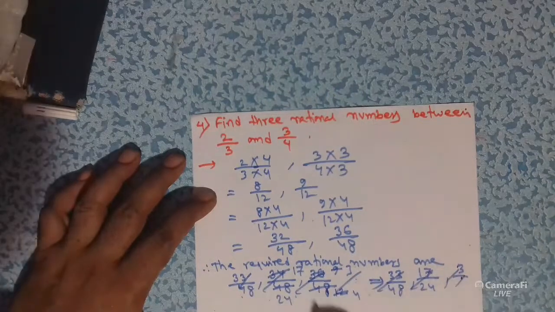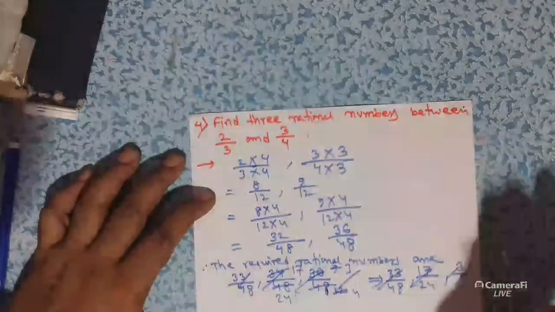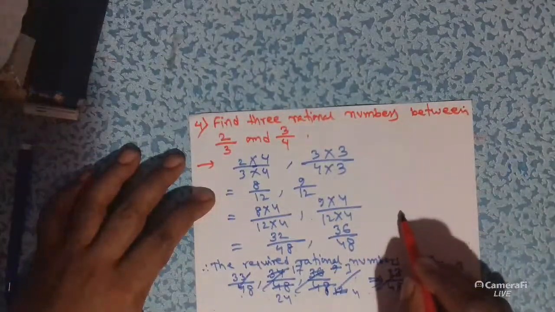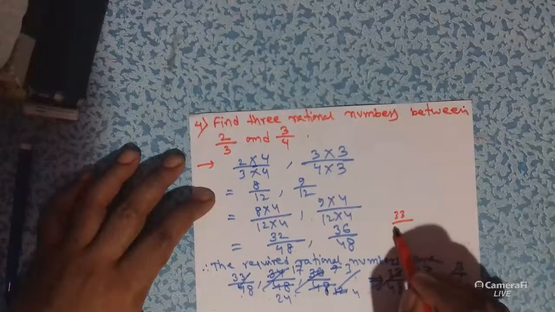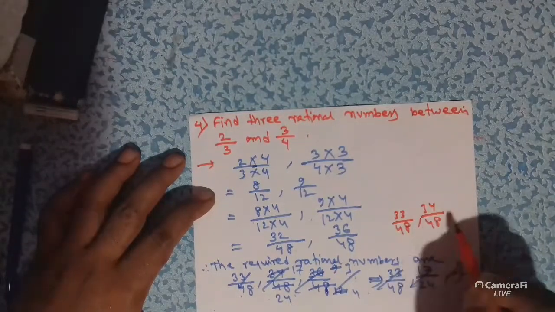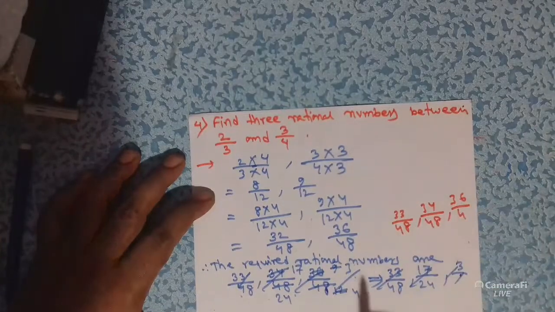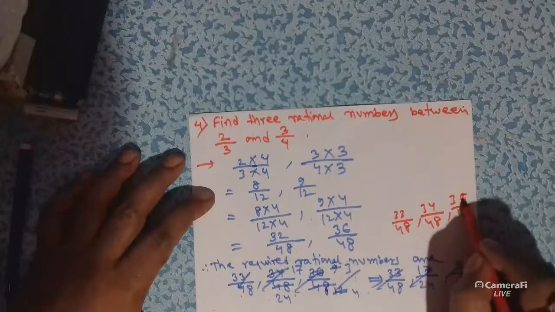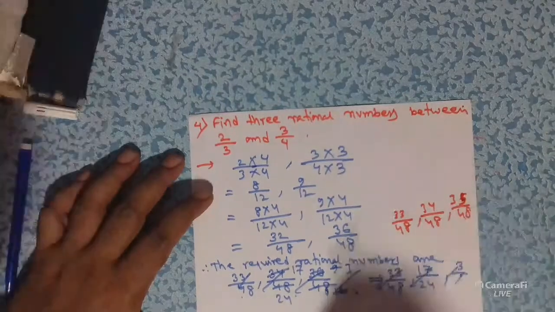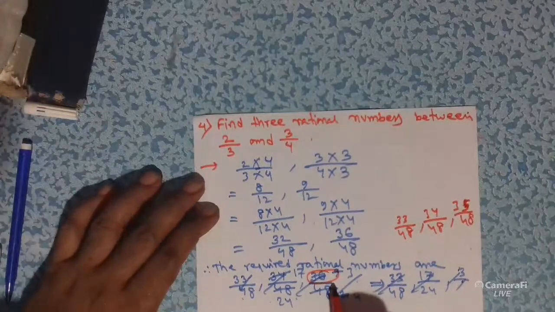You should write the answer that 33, need not divide the numbers. So you must write 33 by 48, 34 by 48 and it is 35 by, okay, 35 by 48. So I made a mistake over here. It should be 35.